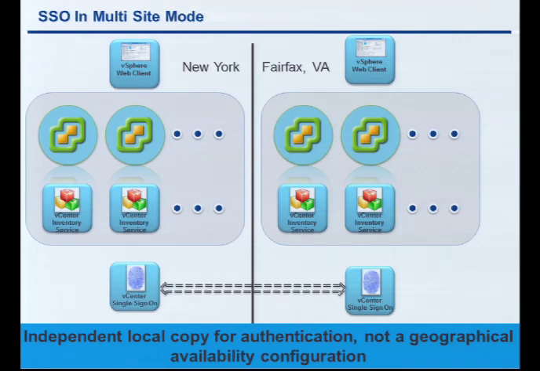And then you can manually sync config information and things like that. Now, if you deployed in this model and you point your browser to the web client that's running in New York, you will only see the vCenters in New York. If you point your web client running in Fairfax, you'll see the vCenters there. If you want to see both of them, then you need to use linked mode. So across sites, if you want to see both the vCenters, you need to use linked mode. That's the only time when, for views, you need to use linked mode.